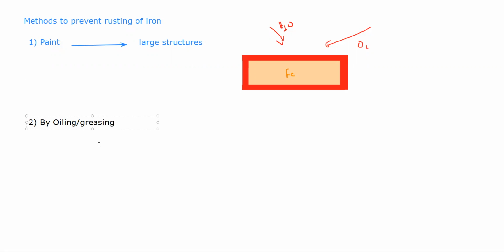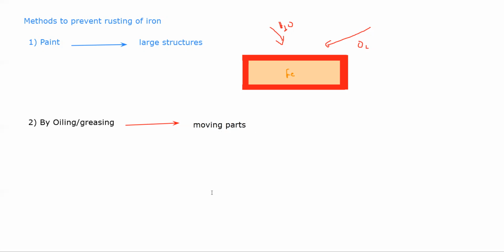By oiling or greasing, what's the meaning? This is normally used for moving parts. For moving parts, oil and grease will reduce the friction as well, and it also prevents rusting.